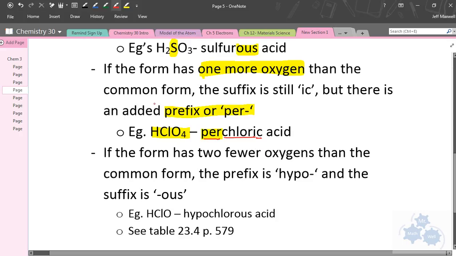And finally here, if the form has two fewer oxygens than the common form, then we do two things: add a prefix "hypo," as well as a suffix of "-ous."